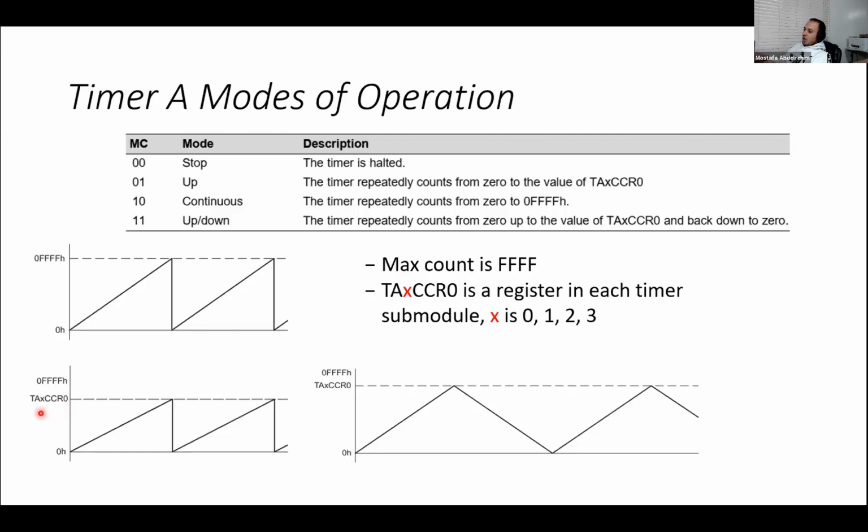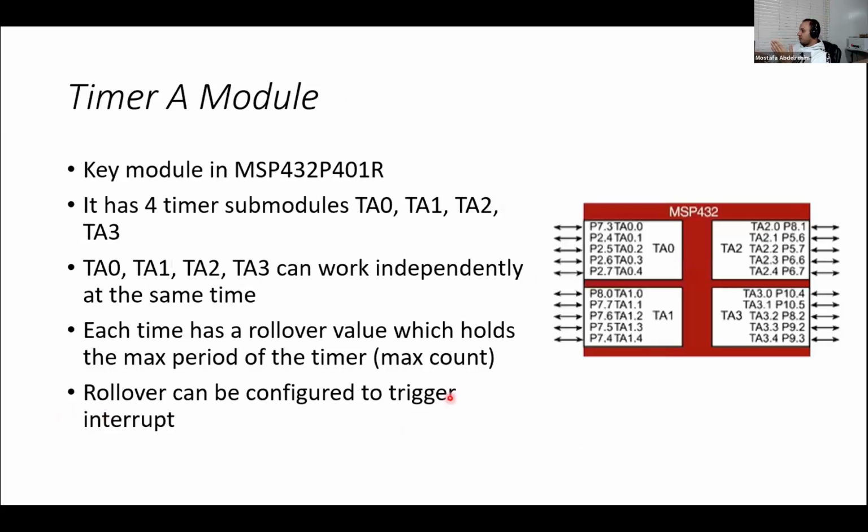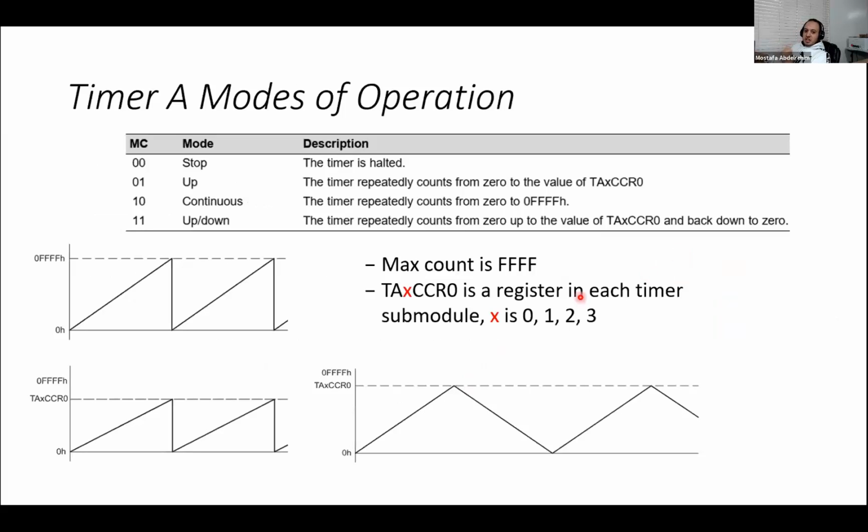Another register is called TAxCCR0. x here is 0, 1, 2, 3 because you have 4 timers. So in each one of these timers, there is a register called TAxCCR0, and in this register you put the desired rollover value. The maximum rollover value is 4F; you can't exceed this.